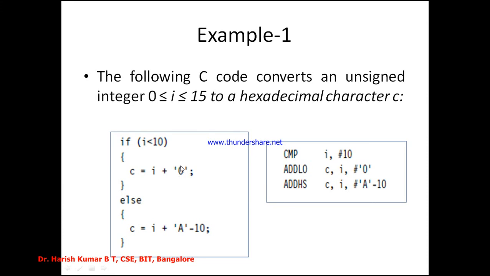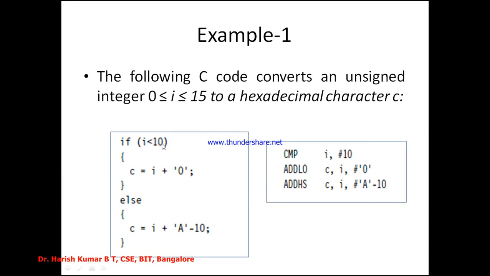The ASCII value of 0 is 48, which is 30 in hexadecimal. So c will be 30.